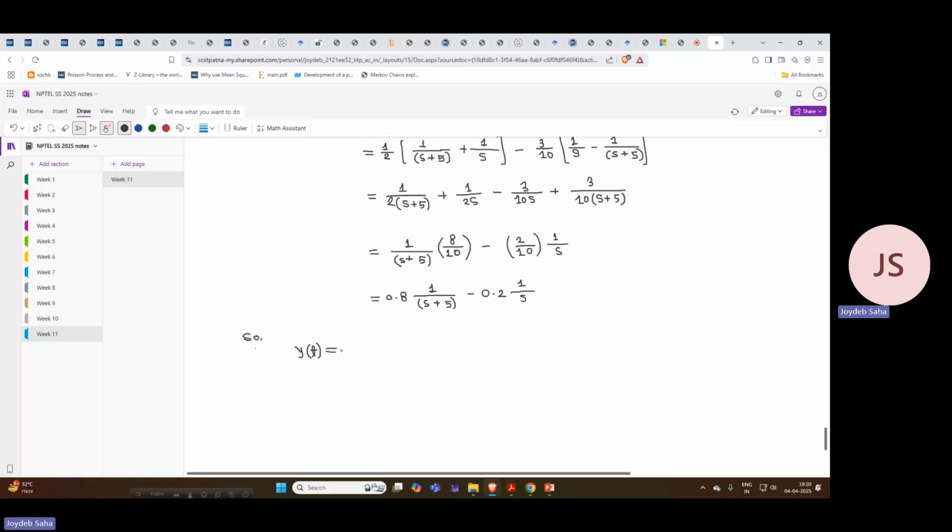Y of t is equal to, this will be 0.2 plus 0.8 e to the power minus 5t, ut.